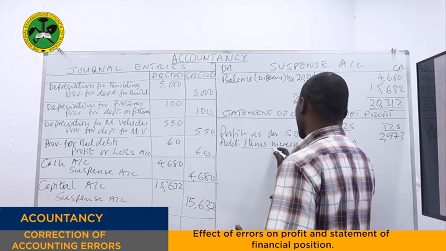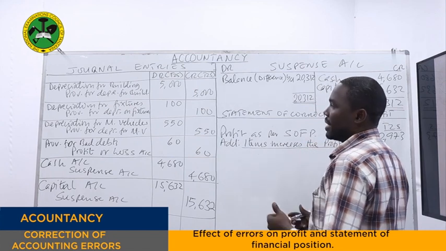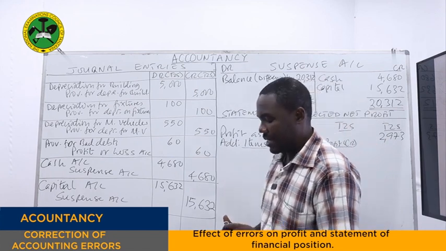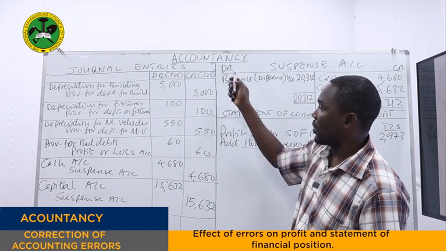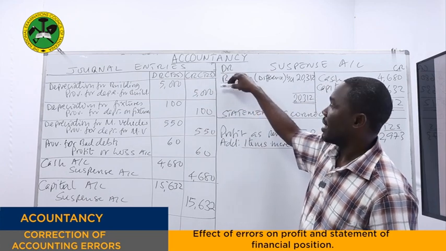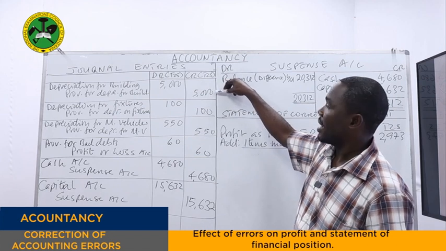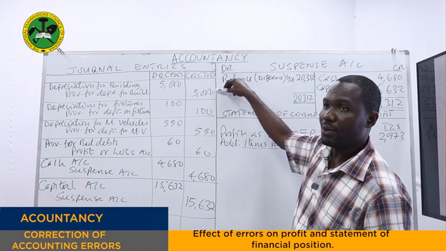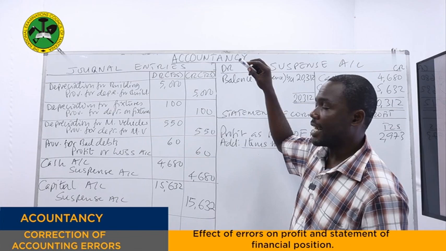So if we consider from our journal the items that are likely to increase, you go direct to your journal. The first item is provision for depreciation. This item normally is transferred to the statement of financial position.